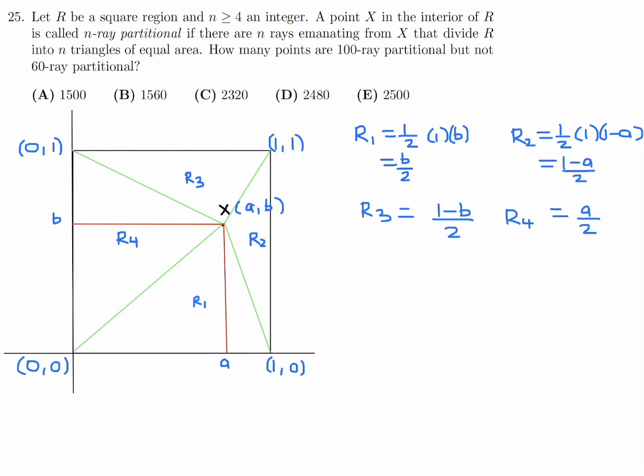This region, that's R1, I will divide into N1 different segments. This region, R2, I'll divide into N2 different segments. This region, I'll divide into N3 different segments, and this region, N4.